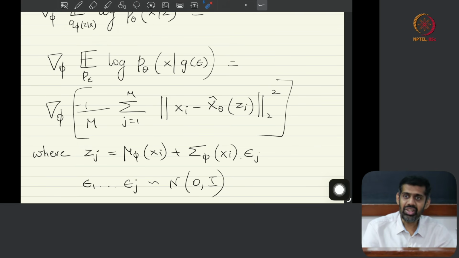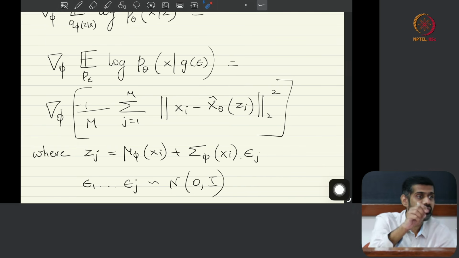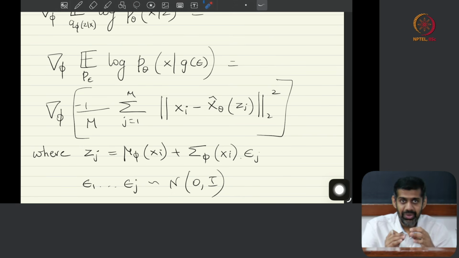Here we are not getting one embedding vector, we are getting an entire distribution given a particular data point. What is q phi of z given x equal to xi here? It is a Gaussian distribution with mean mu phi, variance sigma phi. So for a single data point, you are getting an entire distribution as embedding.